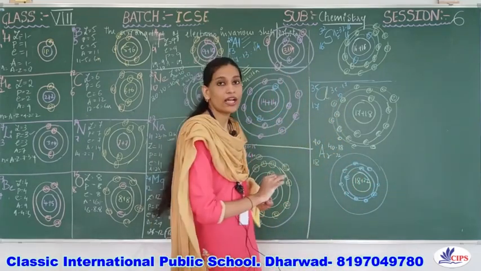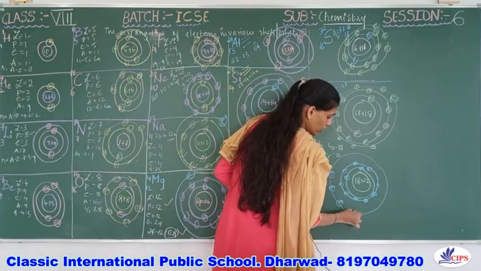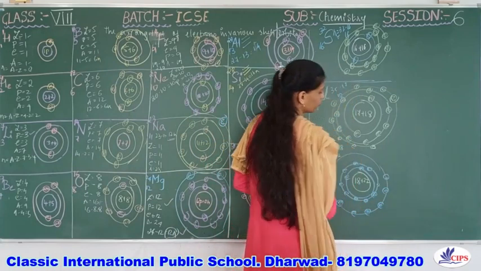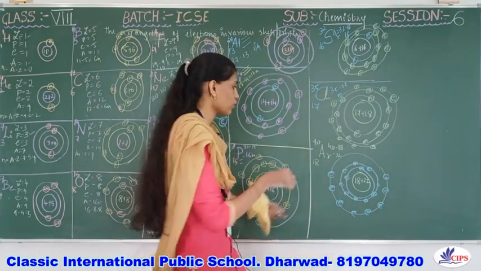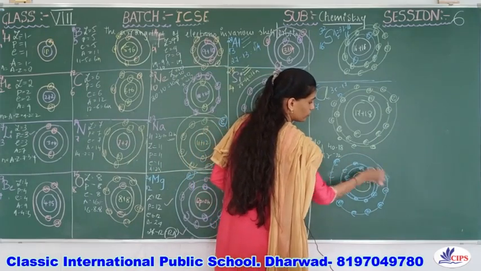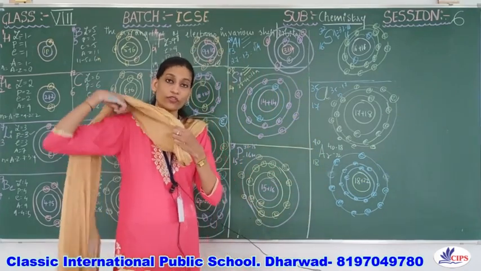Here the M shell is complete: 1, 2, 3, 4, 5, 6, 7, 8. 8 electrons are full.